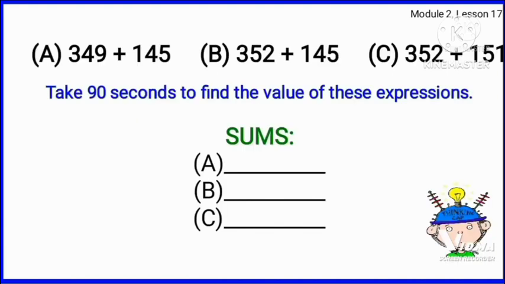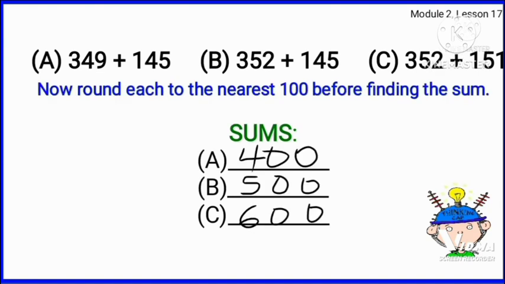Alright, take 90 seconds to find the value of these expressions. Let us round off to the nearest 100. To the nearest 100, 300 plus 100 will give us 400.